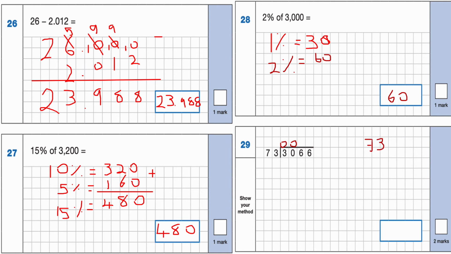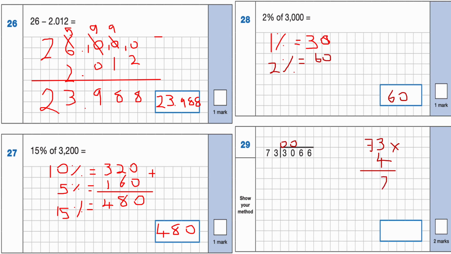Then if I times it by 4, I'm going to get an answer close to it, I'm guessing. The reason why is because 70 times 4 is 280. So that's going to be the nearest one that is closest to 306. So I'm doing it by knowledge of my times table.